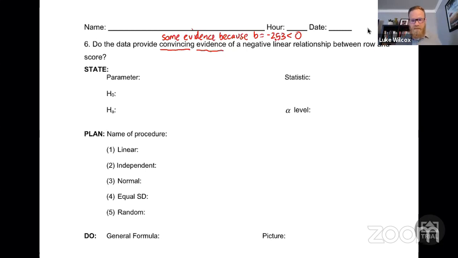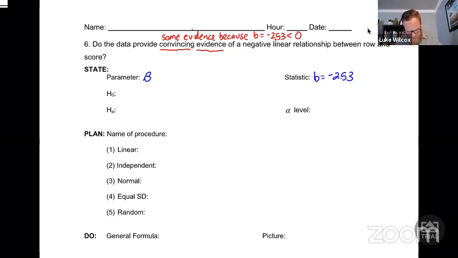All right, in the state, we're going to start with our parameter. And actually, the statistic here, we just identified. The statistic is our b value, which is negative 2.53. Now, that is a statistic based on a sample or based on a particular random assignment. The parameter that we're trying to estimate is the true slope for the population LSRL, which we call beta.